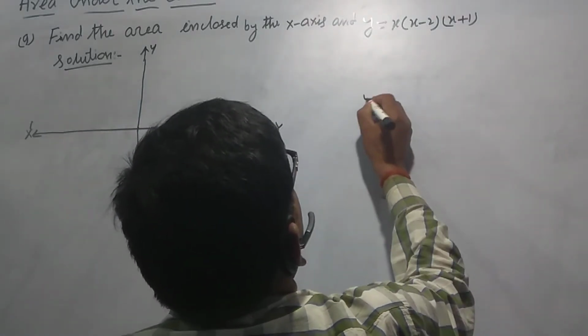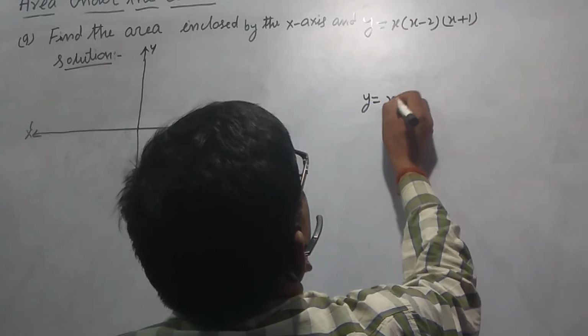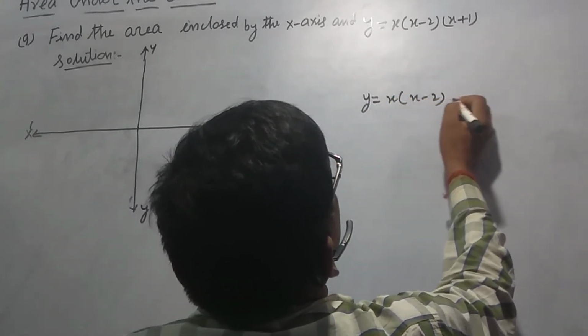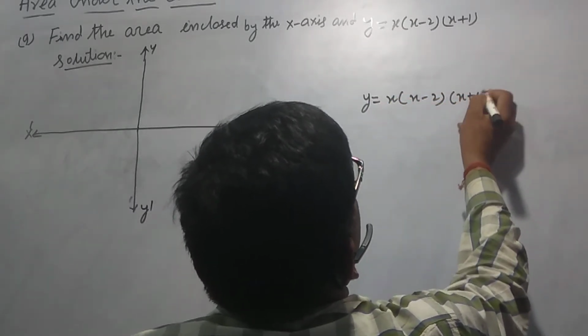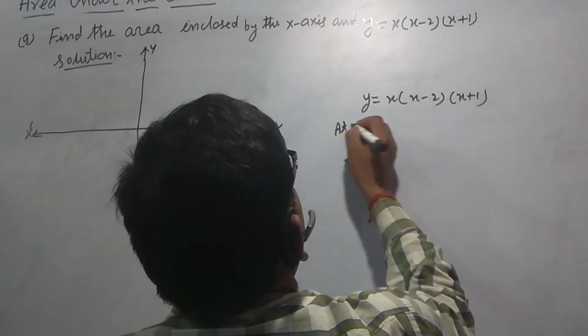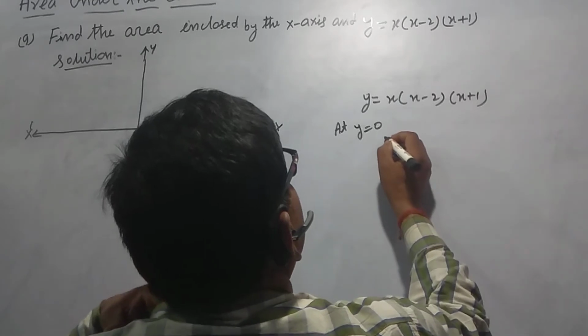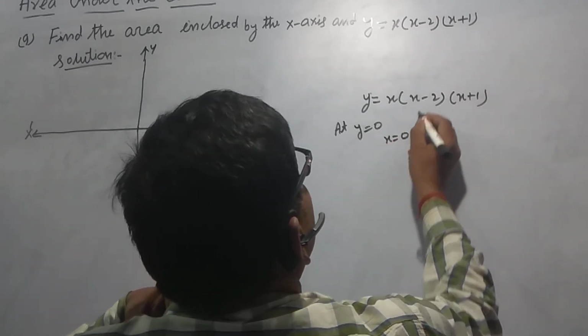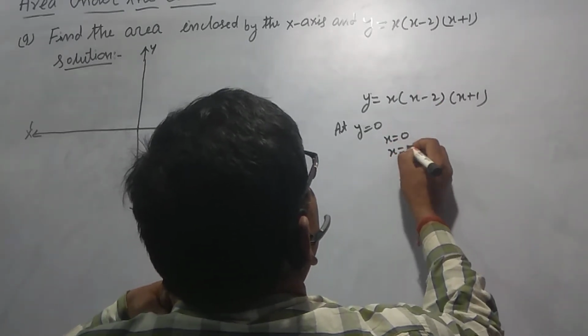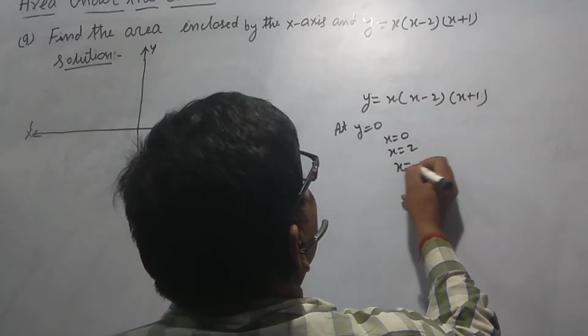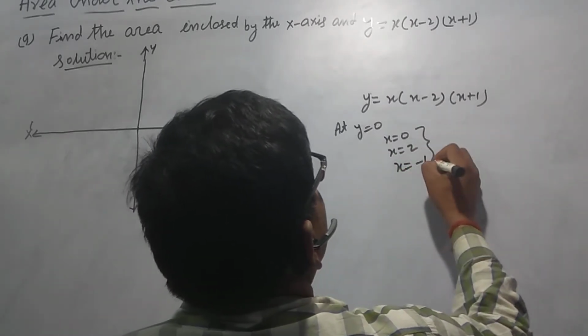Now find the area enclosed by the x-axis, and here putting y equal to 0 in x minus 2 and x plus 1, at y is equal to 0, x is equal to 2 and x is equal to minus 1.